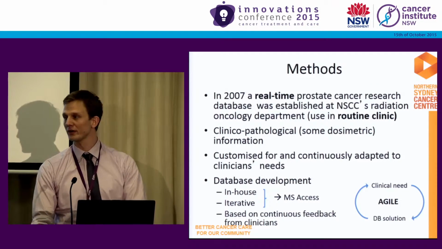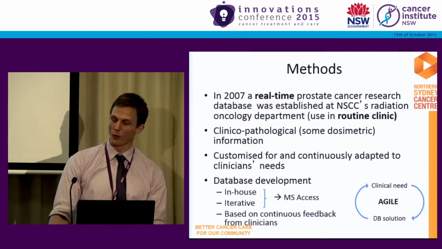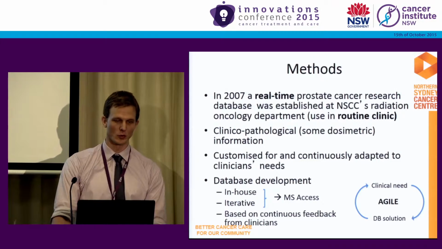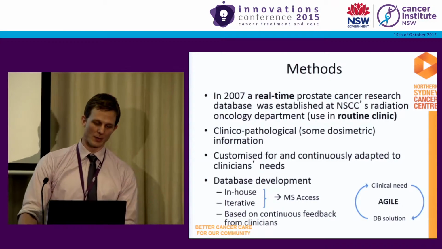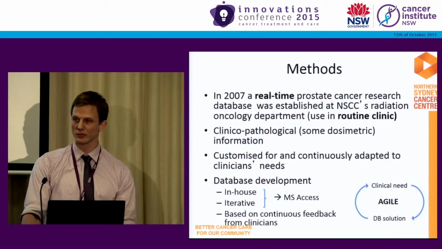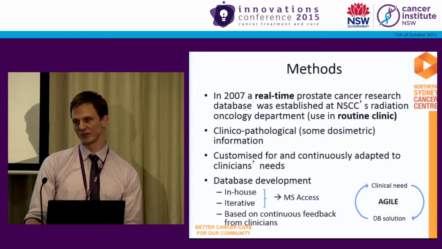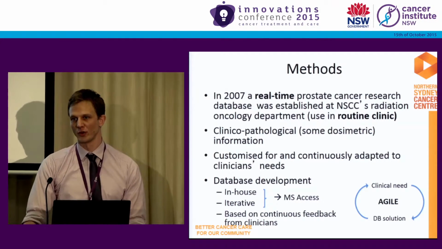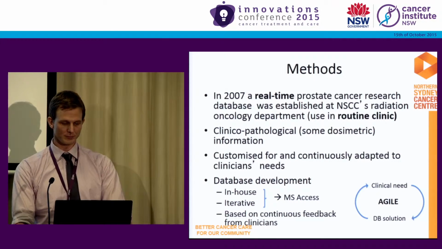And in order to be practical for routine care, it had to be customized for and continuously adapted to the clinician's needs. And we achieved that by developing the database in-house in an iterative process and based on continuous feedback from clinicians. And such a process is also often referred to as agile development.